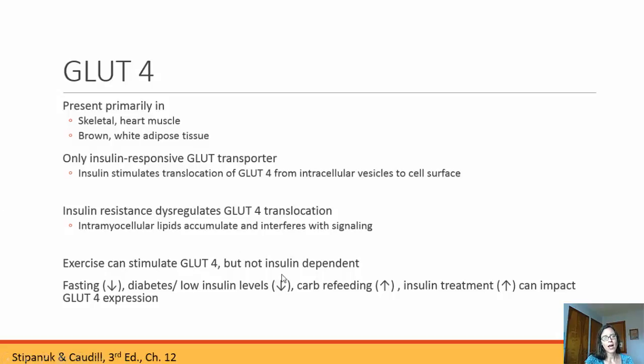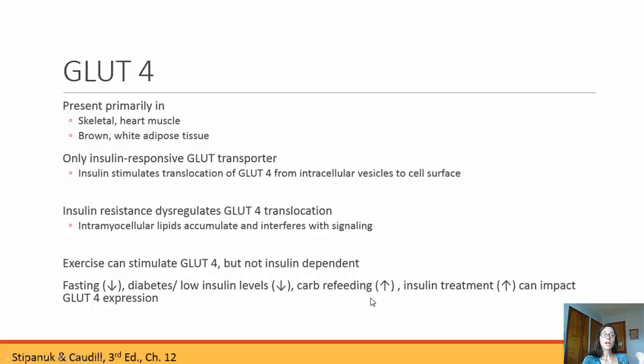If we look at some of these lifestyle issues, or environmental factors that impact GLUT4, they really make sense. Fasting is going to decrease GLUT4. That makes sense. We don't need to bring as much glucose into the cell if we are fasting. If we have low insulin levels or diabetes, it's going to decrease it.